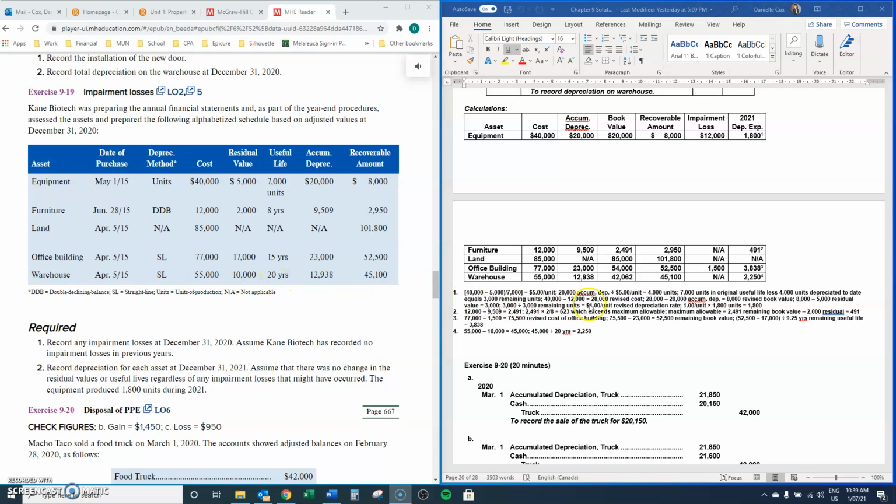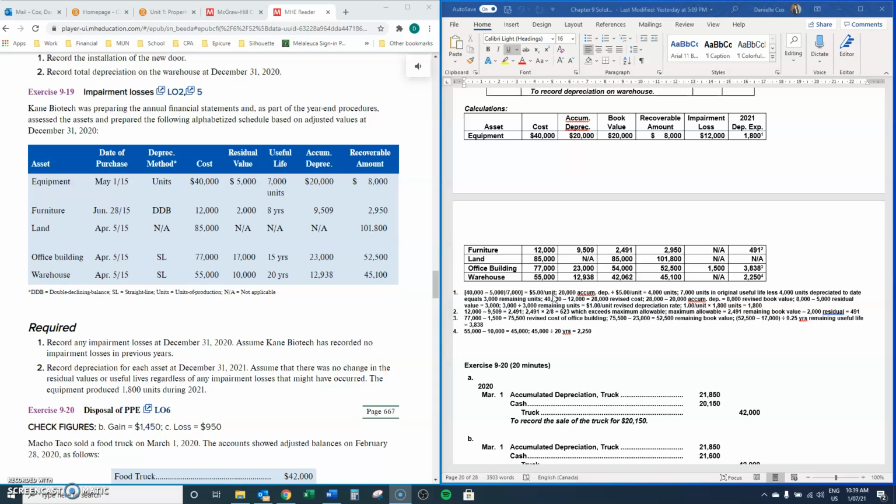It's kind of a convoluted, long method here, but to work out our depreciation, typically it would be the 40,000 cost less the residual value of 5,000, and we would divide that then by the useful life of 7,000 units, which our depreciation would be 5,000 per unit.